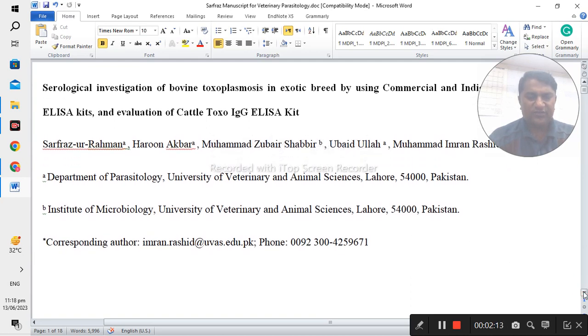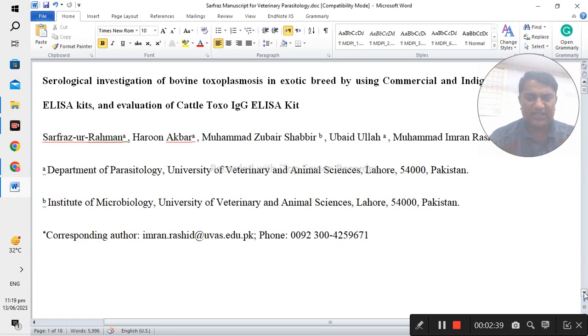So this is the first page, the title page. In this title page you can see the title of the manuscript or article, then the names of the authors, then the superscripts which denote the affiliations, and then the star indicates the corresponding author.